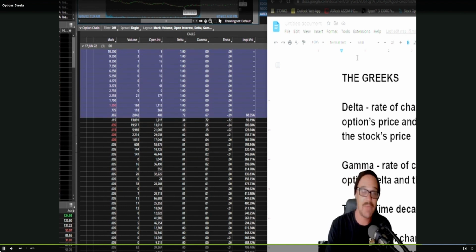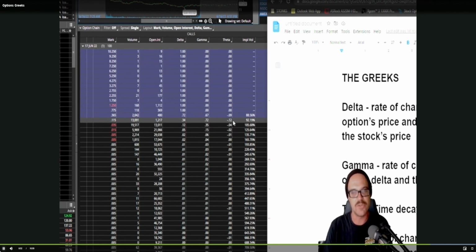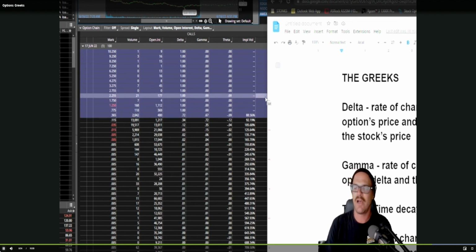Theta is the time decay of an option, or how much value an option loses per day until expiration. The theta decay is negative 0.12 on this option, so it would lose 12 cents in value. All things staying the same, which they most likely won't, this option would lose 12 cents in value by expiration, which is tomorrow.